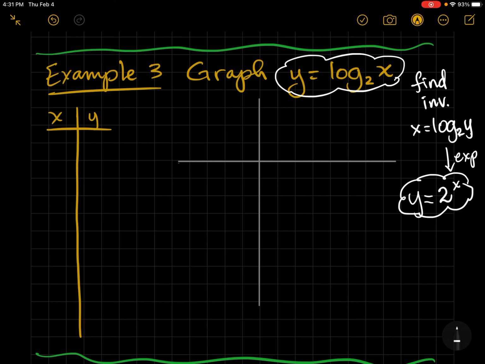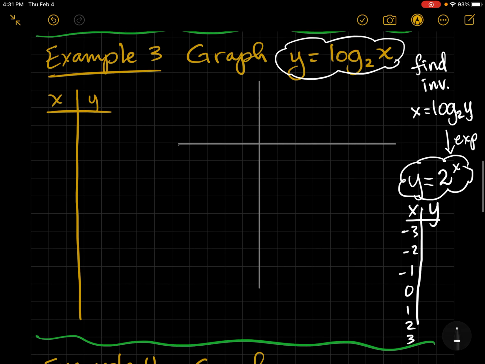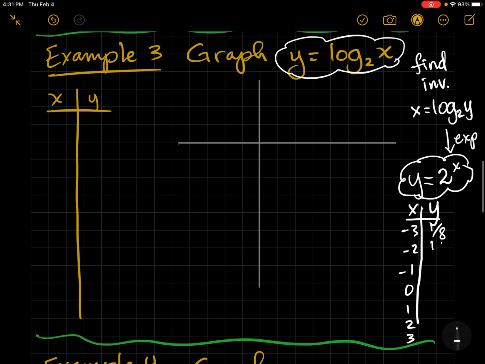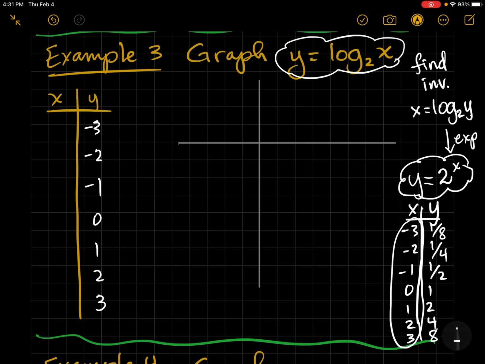And what we learned before is that an easy way to graph something is by switching the x's and y's in the table. We just made a table in example 1 for this one, and I'll write some of the values down for you. That was 1/8, 1/4, 1/2, 1, 2, 4, and 8. Now we can take the x values and make them the y values.